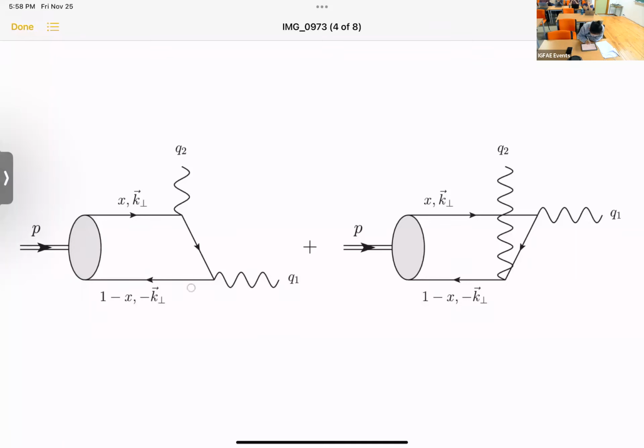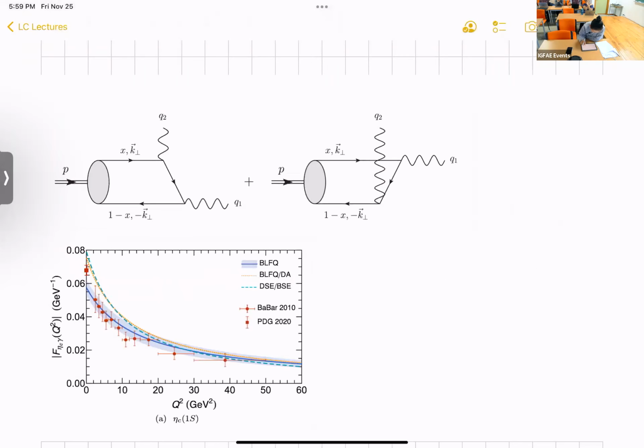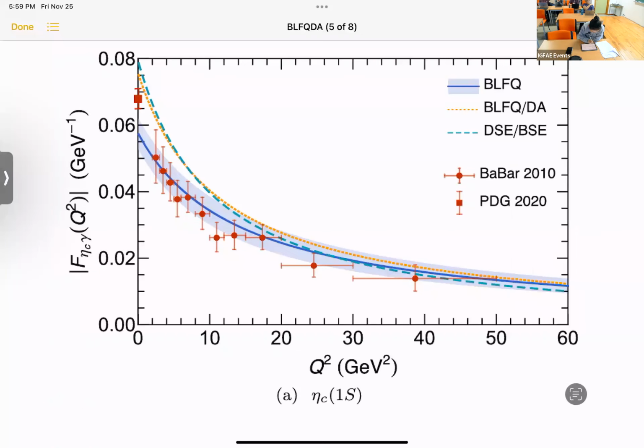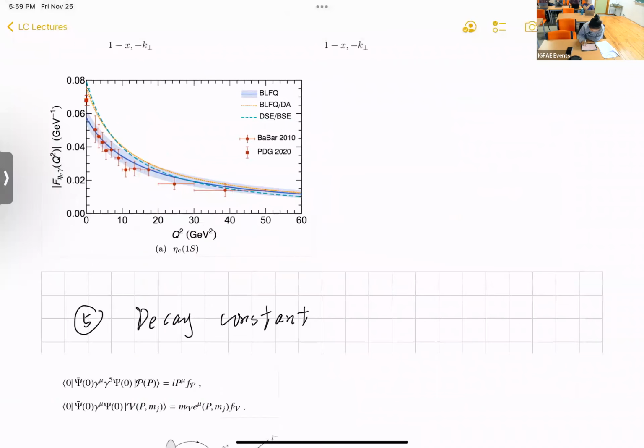So one could take the light-front wave function of the photon obtained using light-front perturbative techniques, and for the meson part, take the light-front wave function solved non-perturbatively from the light-front Hamiltonian. This is the form factor we get for the eta_c to photon transition. Calculating this process, one could also compare with experimental measurements.